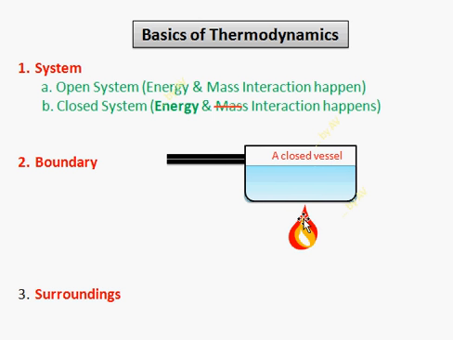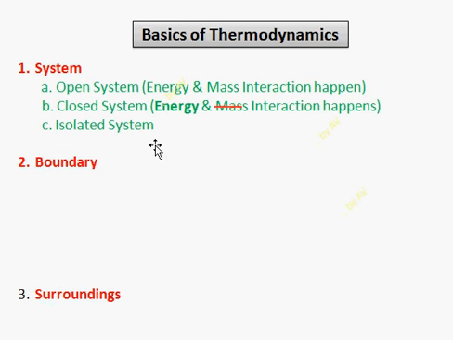If you apply the heat energy, then we can see that no mass interaction is happening since it is closed. Only energy interaction takes place, that is heat energy is going inside the cooker. So a closed pressure cooker can be treated as a closed system, since only energy interaction happens.